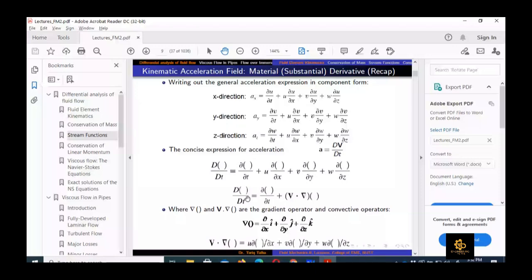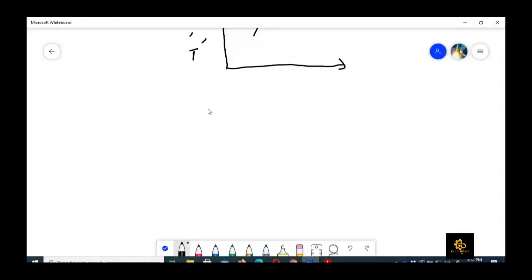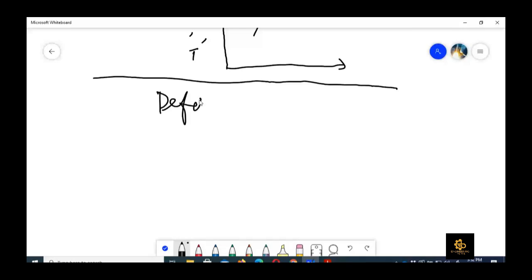So now we are going to discuss the deformation of a fluid element. That is the first topic of FM2. Deformation of a fluid element or fluid particle.